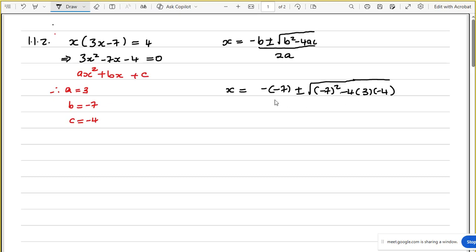This is where you come with your calculator. Make sure that you punch everything correctly on your calculator, and we need to find the value of x. So this is 7 plus or minus the square root of what? What do you get inside that square root? And we're going to divide this by 8.